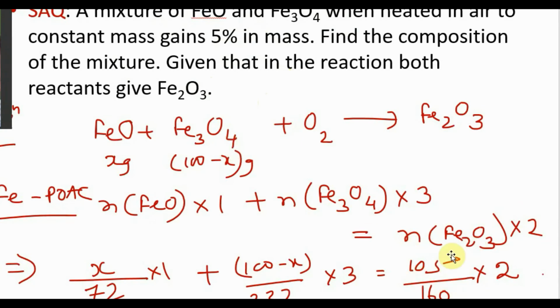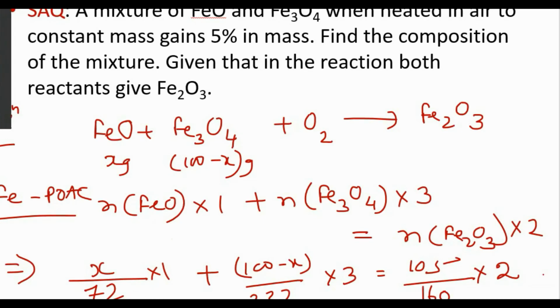So that is the mass of this, right? By solving this, because X is the only unknown, we get X equal to 22.2%. Because we have taken 100, the direct answer is in terms of percent. So FeO is 22.2%, and 100 minus this will give you the percent of Fe3O4.